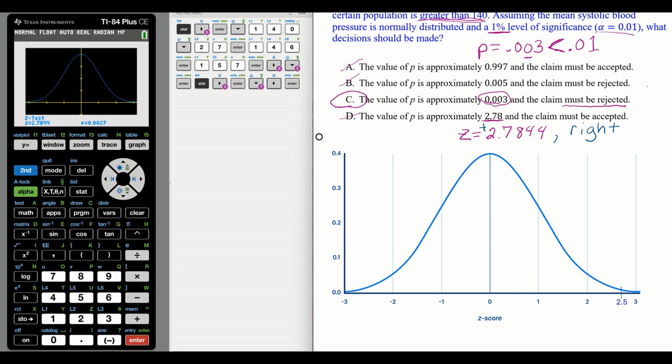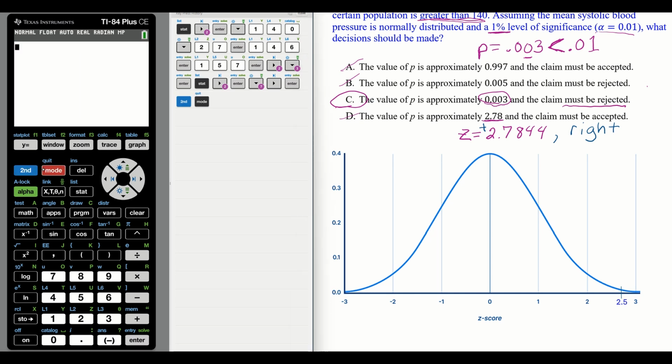Now, let's do our inverse norm. Let me explain where I'm going with this. Press second, distribution, and inverse norm, as you can see, is number 3. Now, what we want is to go back to this alpha, this significance level. We want 0.01.